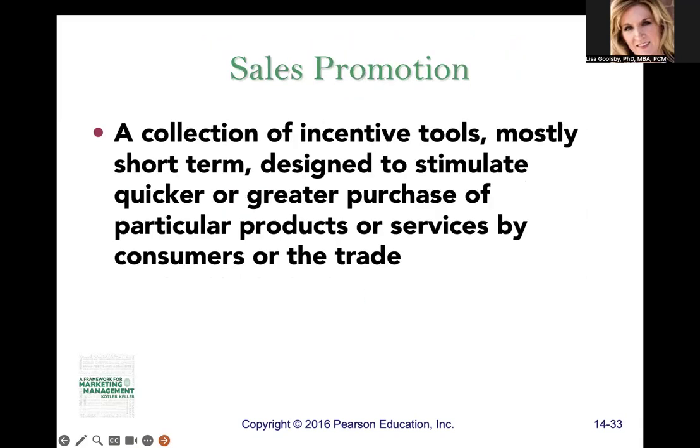Okay, so let's talk a little bit about sales promotion. Again, I already mentioned it's mostly short term, really looking at getting that quick purchase. So you've got to be really careful how you use it because you don't want the customer to think, well, I'm just going to wait till the product goes on sale. Or, oh, I've been overpaying this whole time.